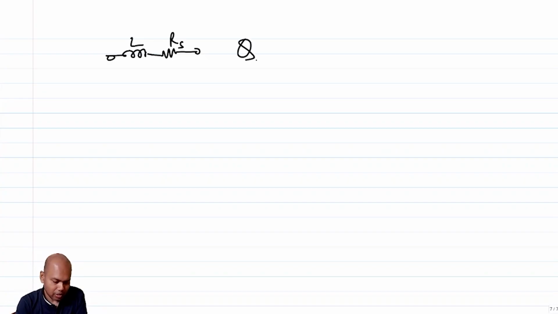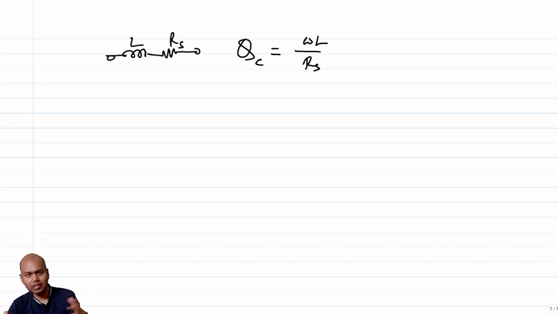Now I am going to distinguish between the definitions of Q. I am going to call this a component Q, because this is associated with one component, an inductor, and in this case it was omega L over Rs. We saw that if it's an inductor or a capacitor, and whether I model the resistance as series or parallel, these expressions keep on changing, but what doesn't change is the definition. The classic definition is 2 pi times energy stored per cycle divided by energy dissipated per cycle.